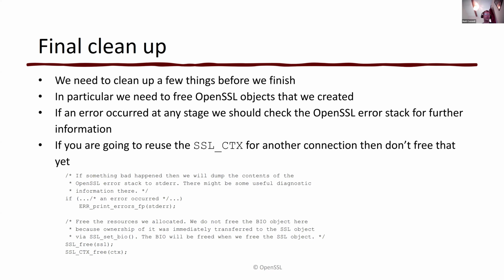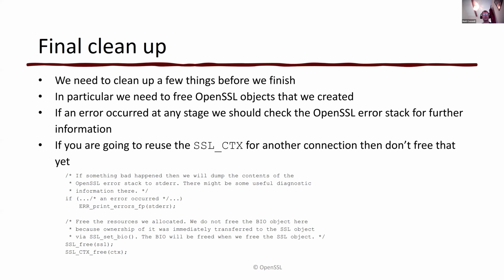So we can call a function in the code there. It's ERR_print_errors_fp. I'm passing in the standard error output. So this will just dump any errors that OpenSSL has in its error stack to the standard error output, which hopefully will give you some kind of clue as to what failed.